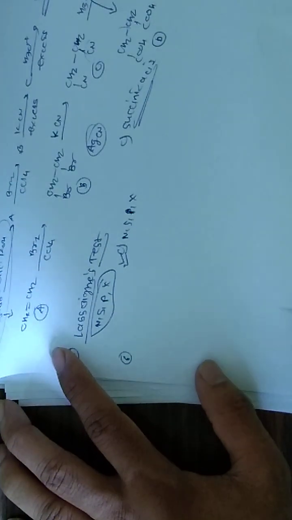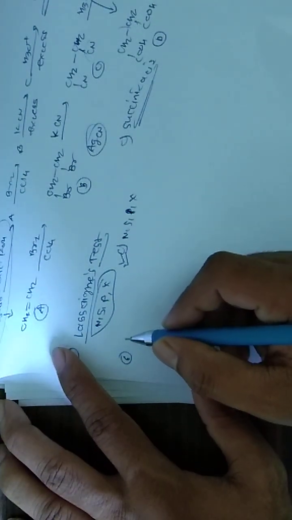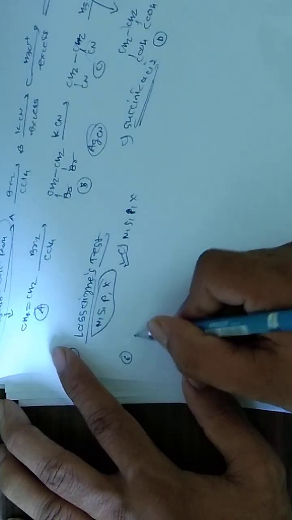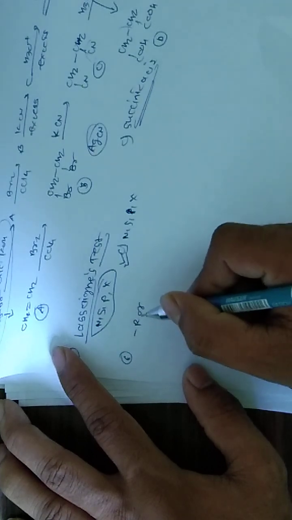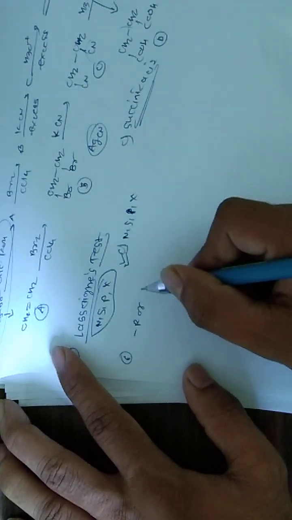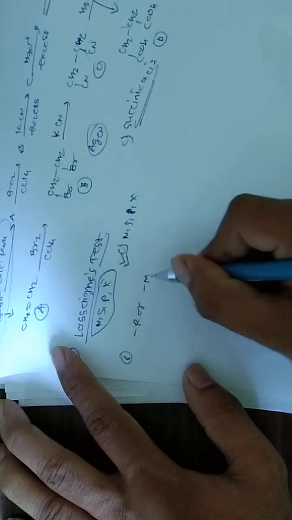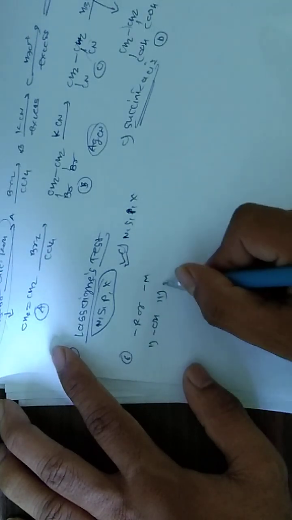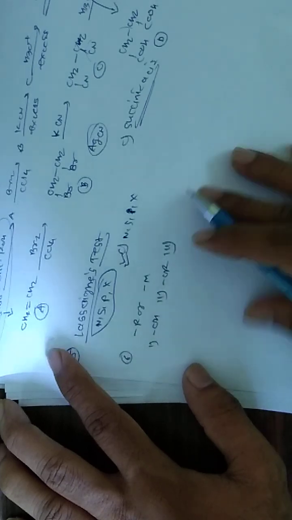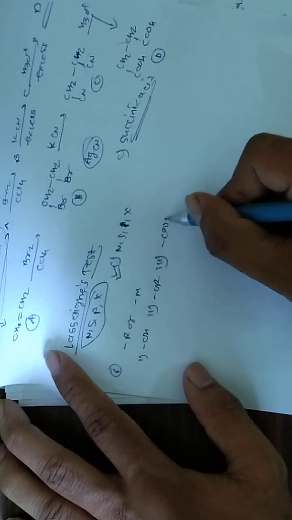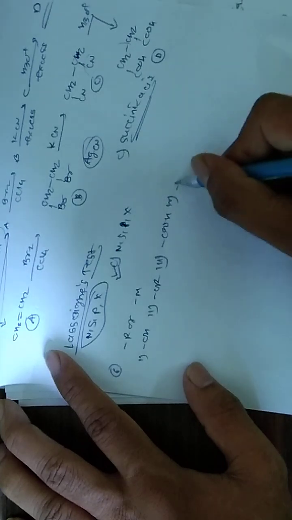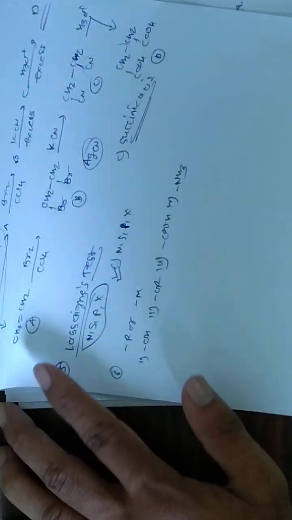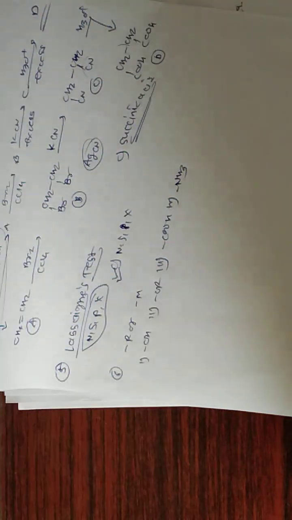The functional group that shows negative resonance effect, that is negative R, or we can also say negative M effect. The first option is OH, second is OR, third is COOH, and fourth is NH2. Among these, which shows minus M or minus R effect?